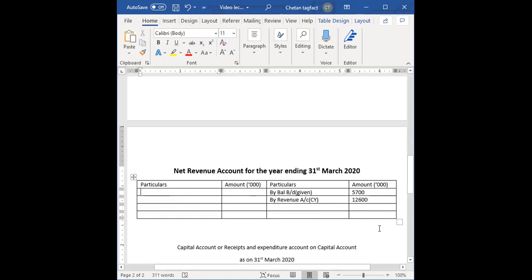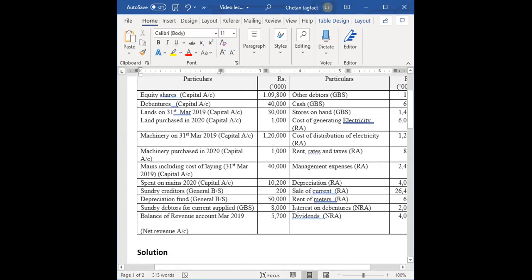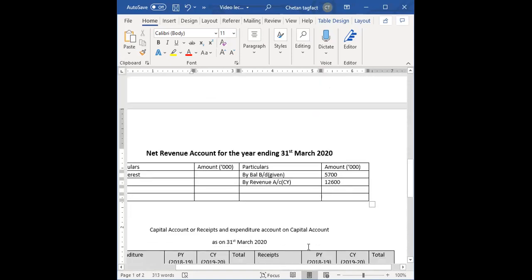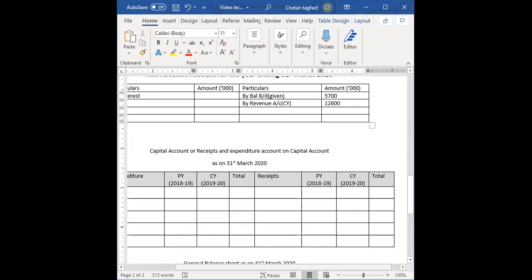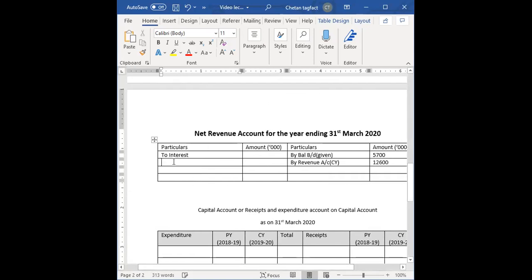So now I have to appropriate these profits. So first I have to appropriate, if you look into the problem, we have only these two items, interest on debentures and dividends, are the two appropriations that we are making. So that we are going to do it now. So my revenue account is here. Let me go to my net revenue account. So here first is interest on debentures.